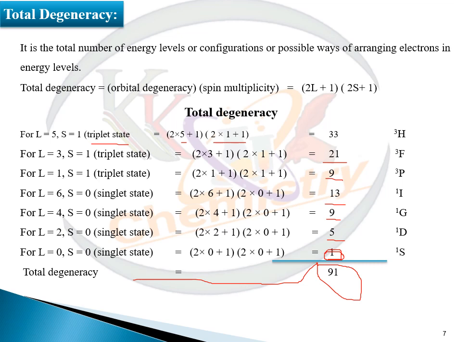Here 1 means that S cannot be split further, like into MJ values, or you can say it cannot be split under a magnetic field. G can be split into 9 other energy levels.